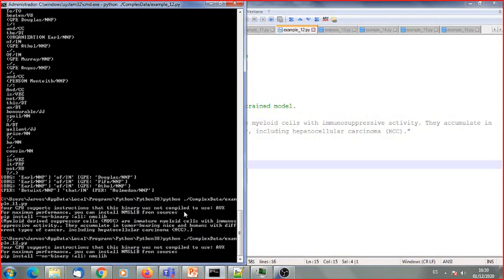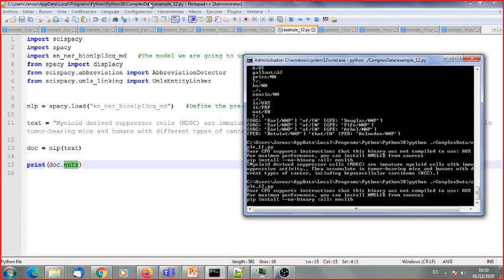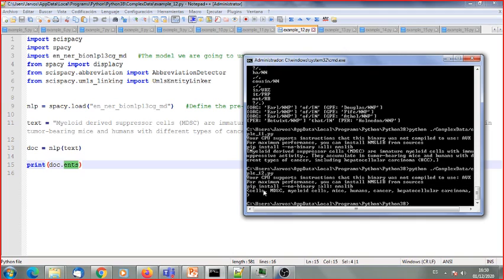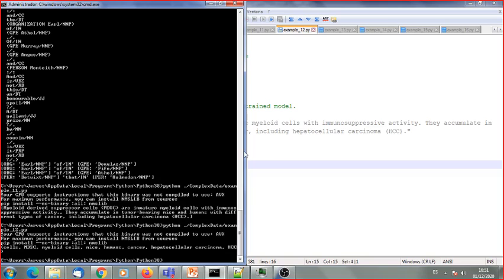Really easy to use this library, but it's quite slow. So as you can see, I obtained the entities. We have the cells, MDSC, myeloid cells, mice, humans, cancer, hepatocellular carcinoma, and the acronym HCC.